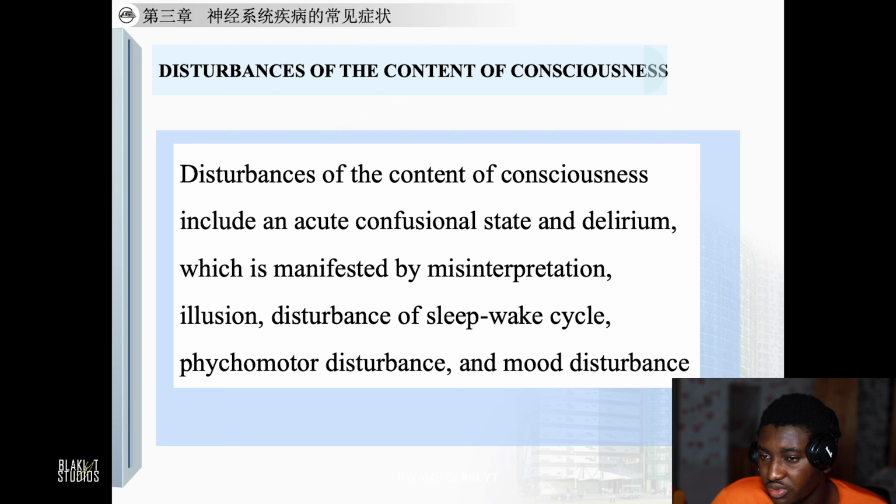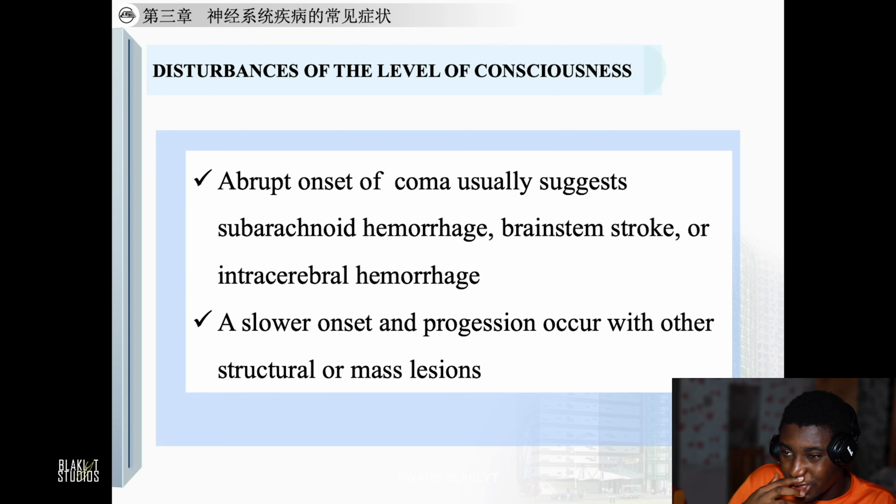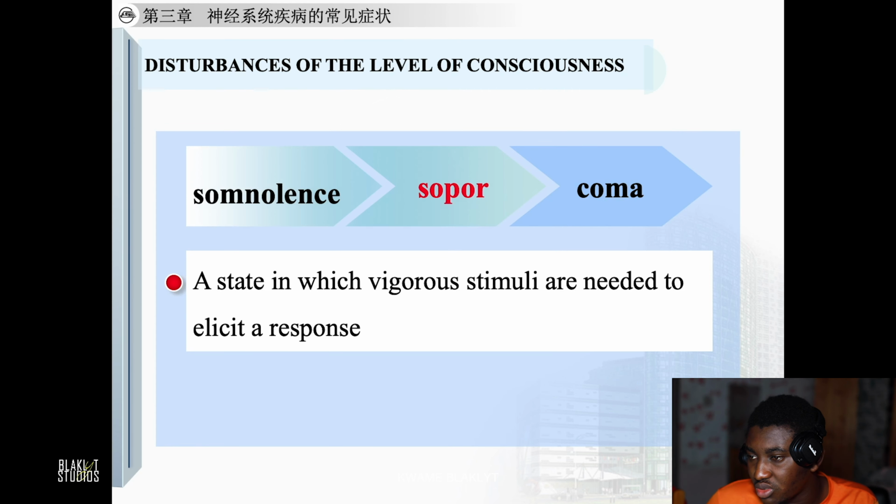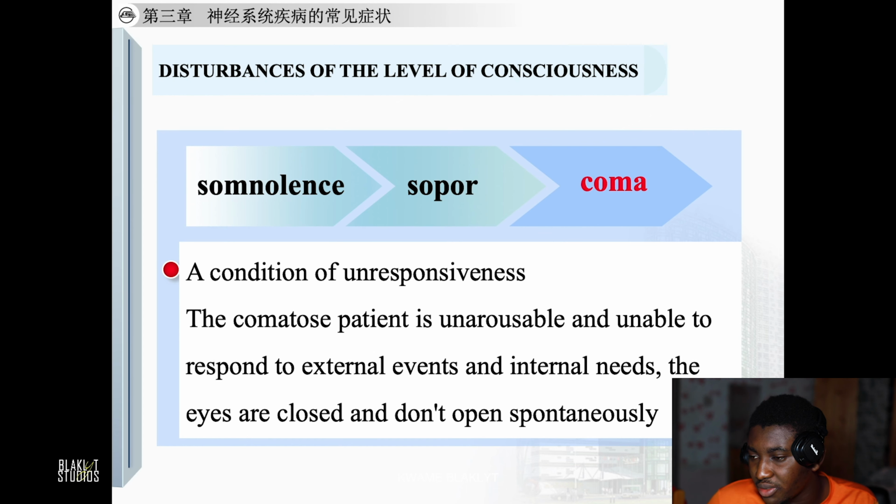Disturbances of the content of consciousness include an acute confusional state and delirium, which is manifested by misinterpretation, illusion, disturbance of sleep-wake cycle, psychomotor disturbance, and mood disturbance. So we've talked about disturbance of the level of consciousness: somnolence, sopor, and coma.